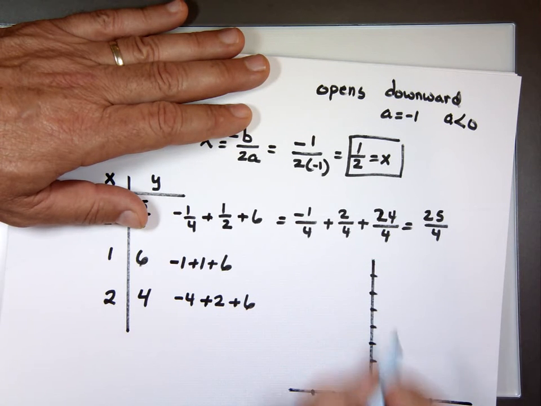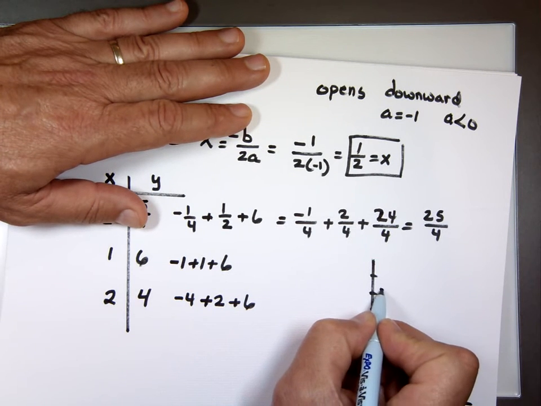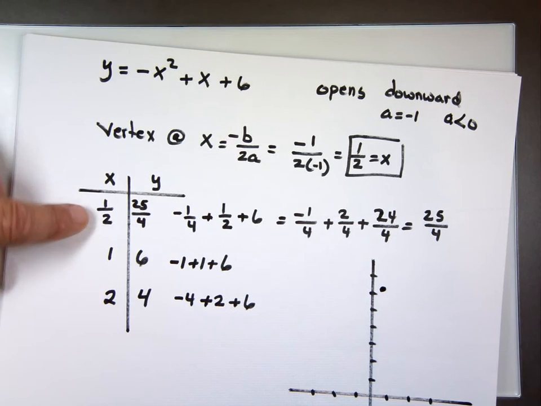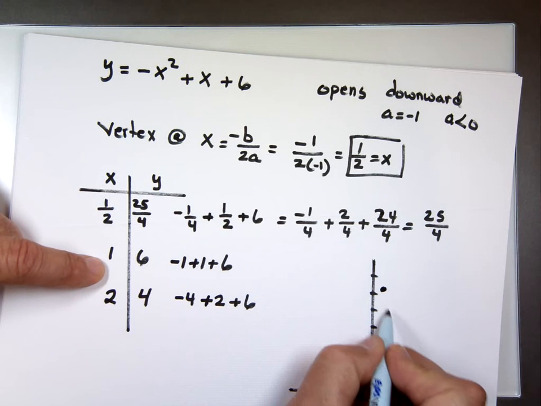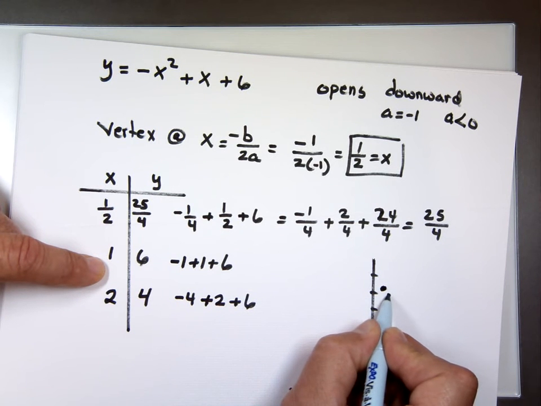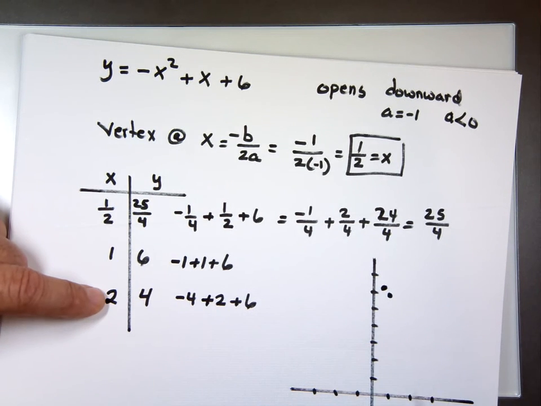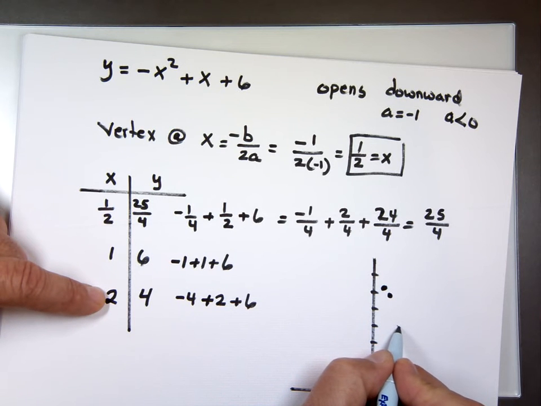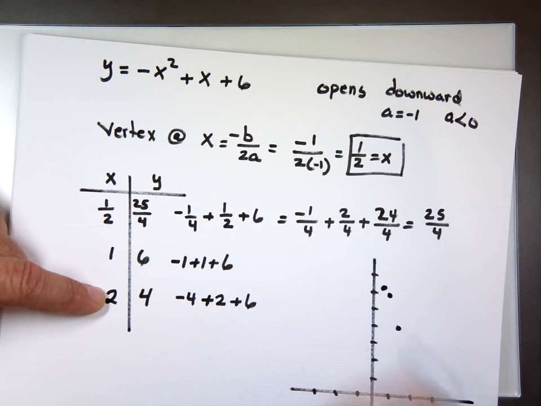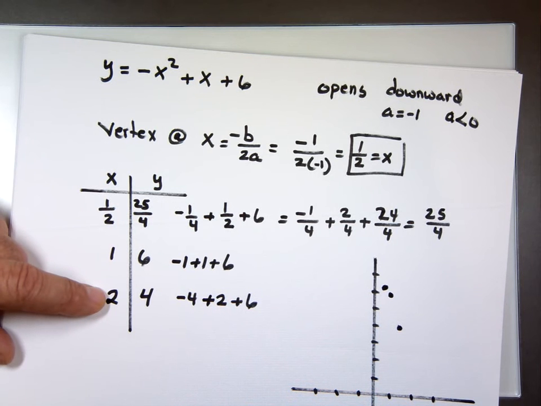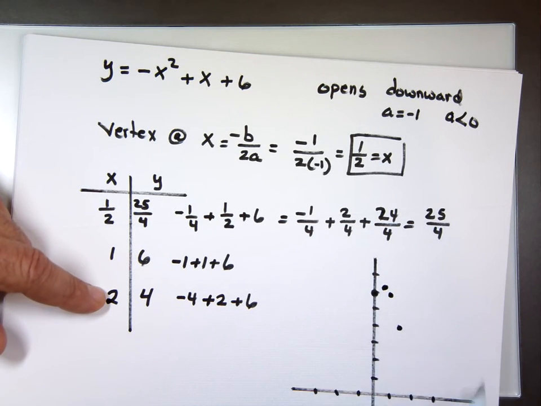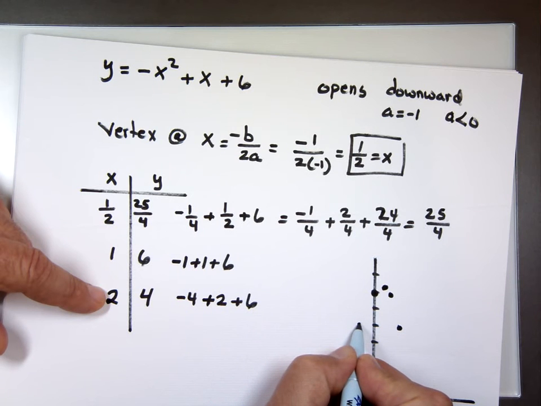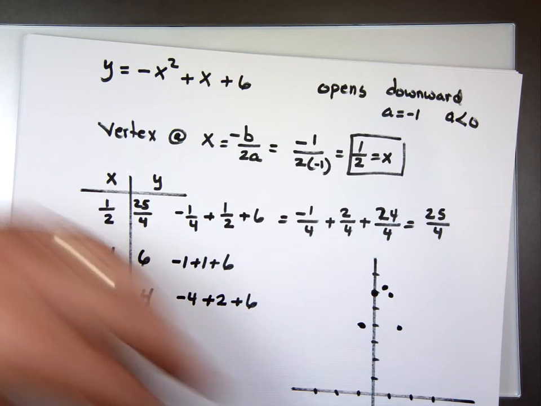X is 1/2, Y is 6 1/4. Right there. X is 1, Y is 6, right next to it. X is 2, Y is 4. Again, flip it over. I should have 1 here. I should have 1 here. So my graph looks like this.